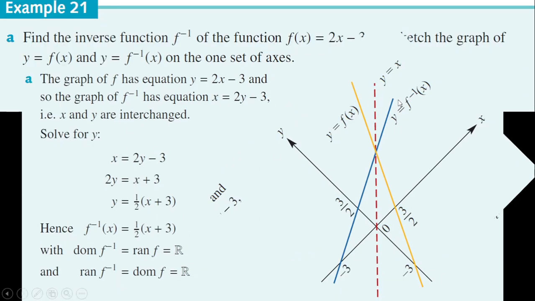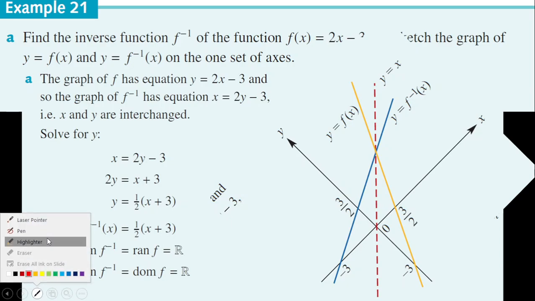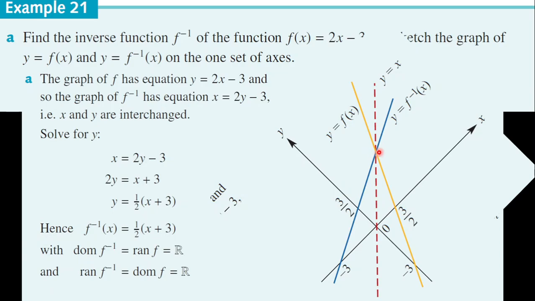Alright, so we'll get the blue line with that new rule, which is half of bracket x plus 3. Use the intercepts to get a more accurate graph. Something else that will make it a bit more accurate is the point of intersection.